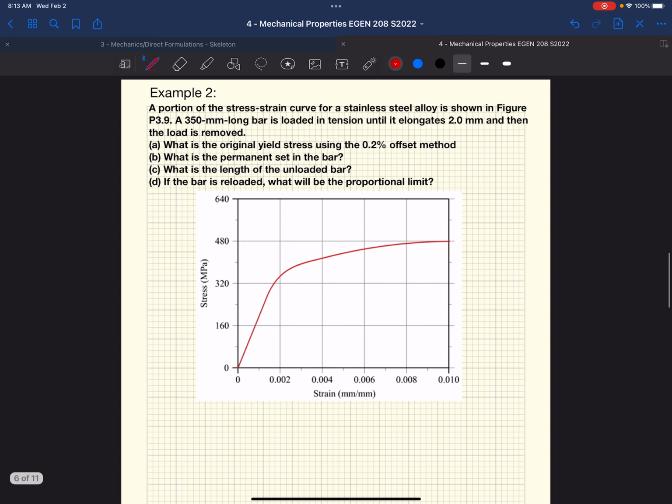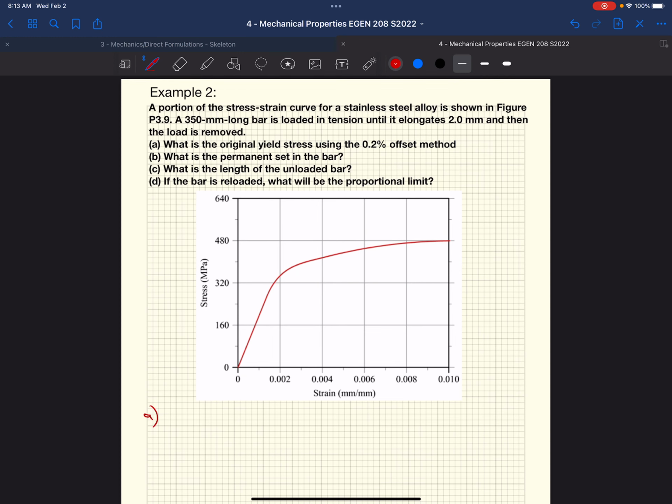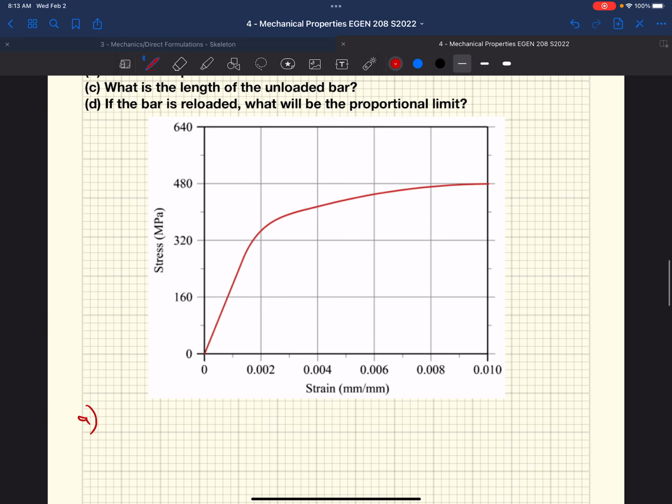Well, if we look first at part A, they ask us for the original yield stress using the 2% offset method. Well, as we discussed, that offset method is to just take that linear elastic curve and offset it to where it crosses the x-axis at 0.2%. So that means we're going to be sitting somewhere right here. Like that, right?